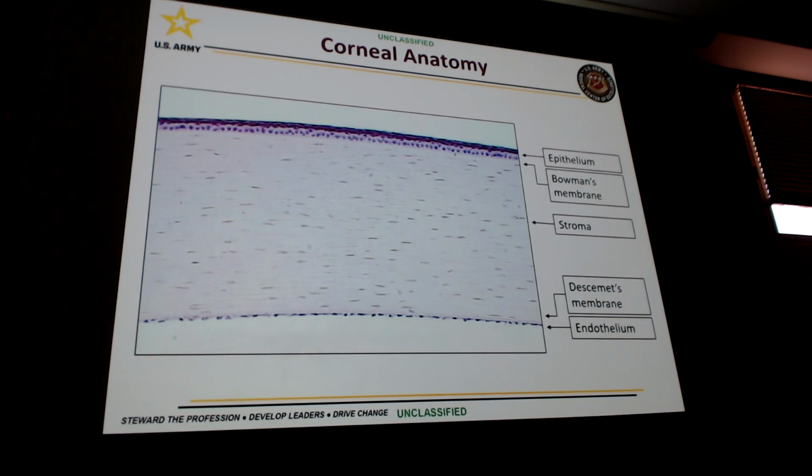Epithelium, again, is that layer that regenerates. So if you scratch your eye, if you get any sort of injury to the eye and the eye starts to hurt, corneal abrasion, that epithelium is going to be not fully intact. And it's going to be painful until that epithelium re-epithelializes.